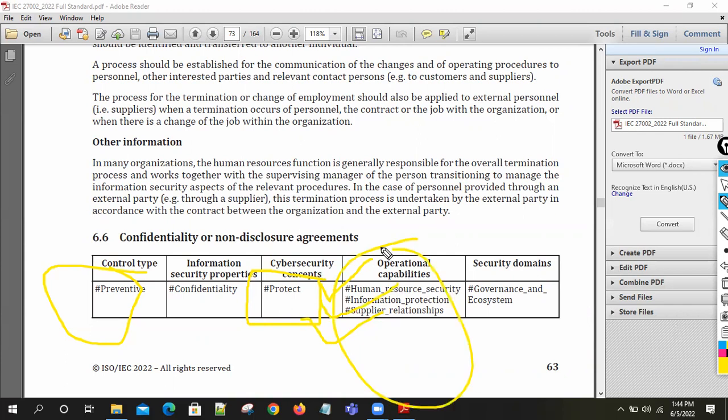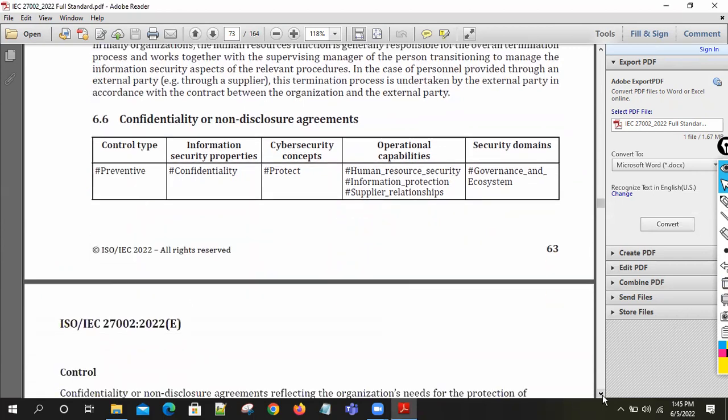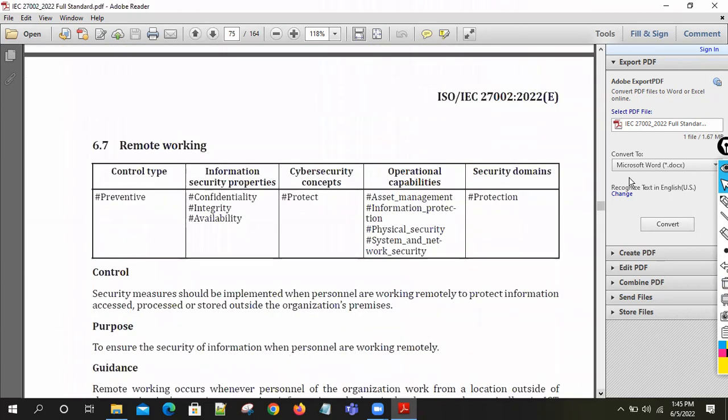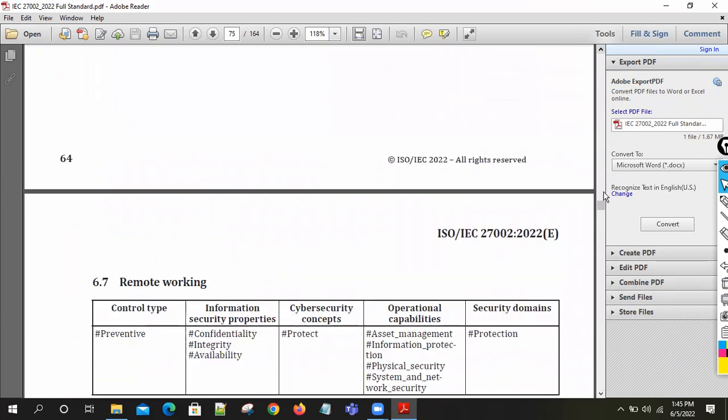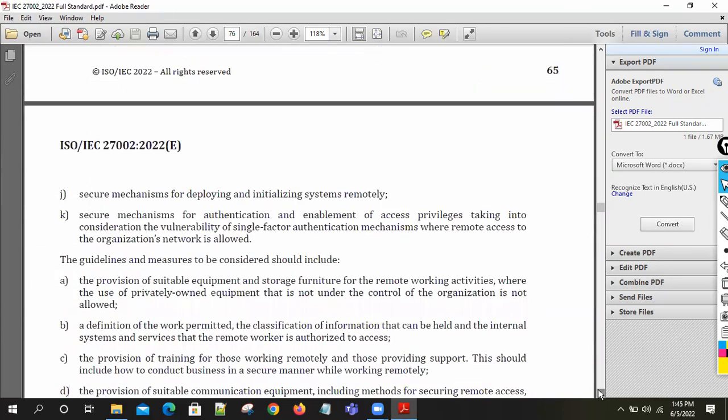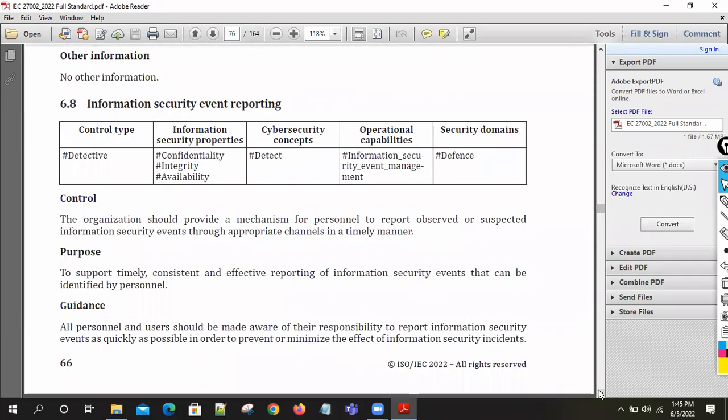It is available on these three things. So we need to have a proper NDA signed with the employee, with your vendors, or with our partners.